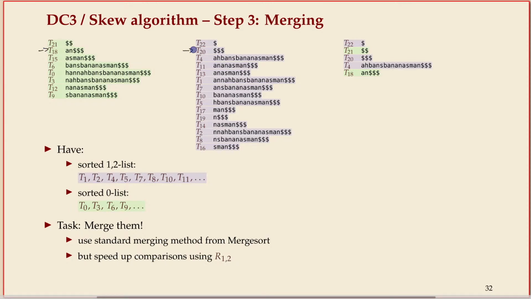Then this time that one wins. $1 is earlier than any other character. And now things start to get a little more interesting. Both start with an A, but then H comes before N, so move that one down. And now we move this one out because A and dollar comes before A and A.